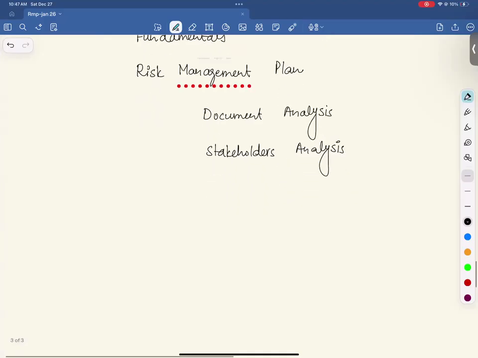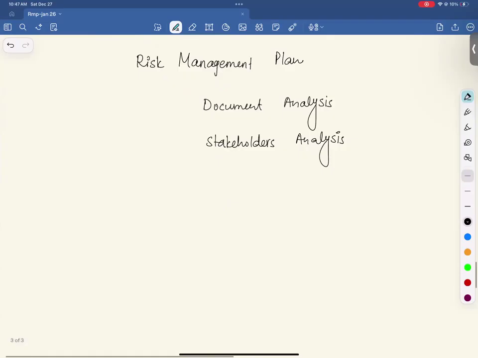We will be discussing risk appetite, risk threshold, risk tolerance.